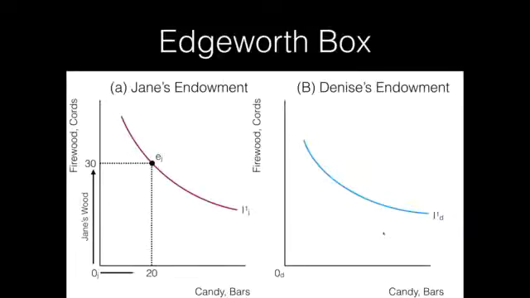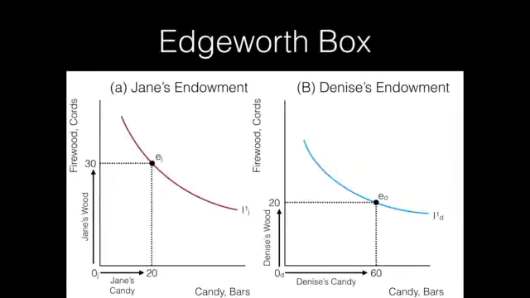Jane has 30 cords of wood and 20 candy bars, and that leaves 20 cords of wood and 60 candy bars available for Denise. So all we've done is take that initial allocation of goods and divide it between these two individuals.